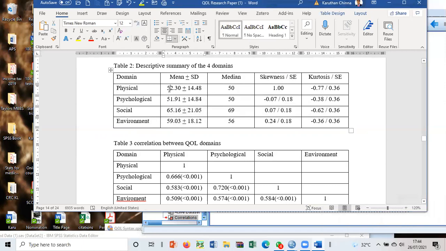And then compare these values with your literature values. Example, physical: in the literature, there are some studies on physical. Compare how this physical differs from the literature value. Is ours better or poorer? Even in Malaysia, studies have been done elsewhere.